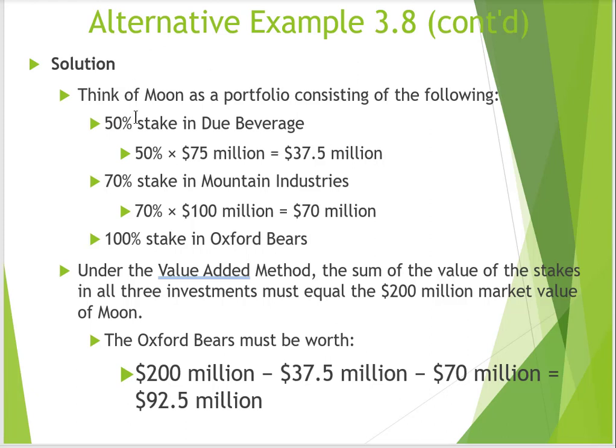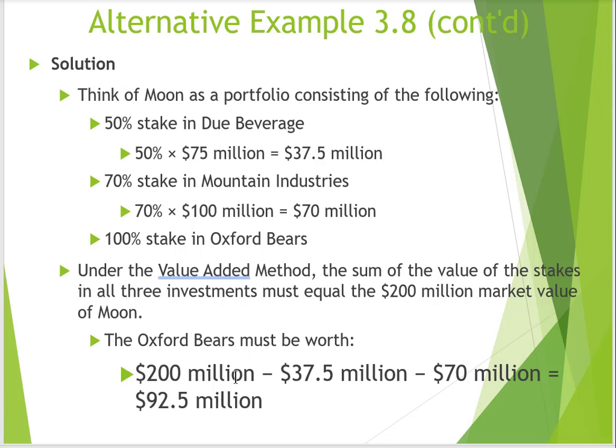Well, what's 50% of Dew Beverage? 50% of 75 million, 37.5. 70% of Mountain is 70. If you add those two together, that's 107.5 million. Now we know that the entire company is worth 200 million.